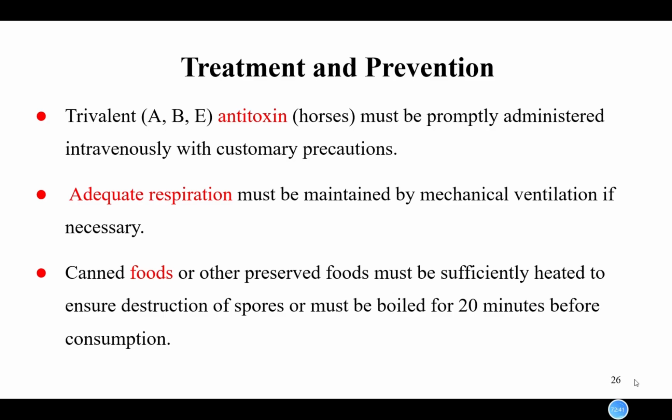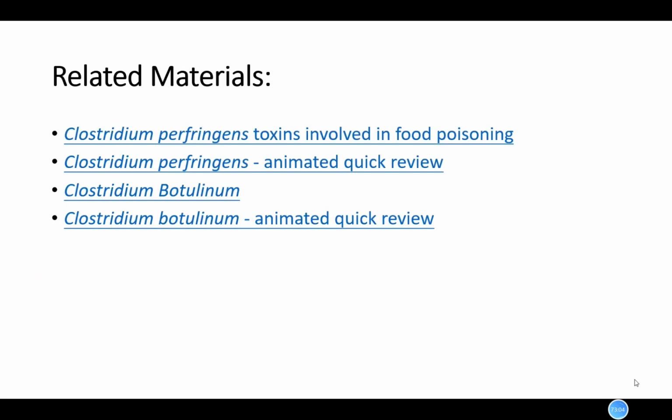One way is to inactivate the toxin in it, and if there are live bacteria or endospores in the food, we want to kill them as much as possible, like boiling them for at least 20 minutes. It's a long boiling time before we eat them. Okay, so that's all for the anaerobic bacteria.